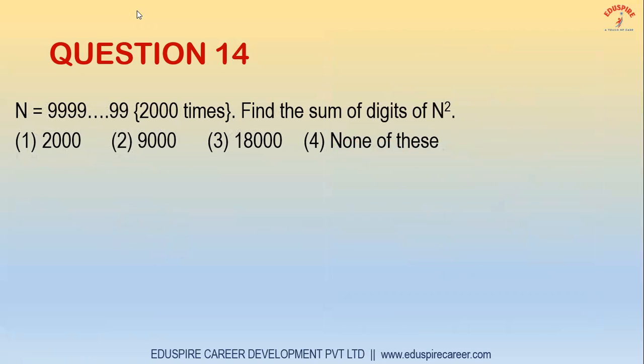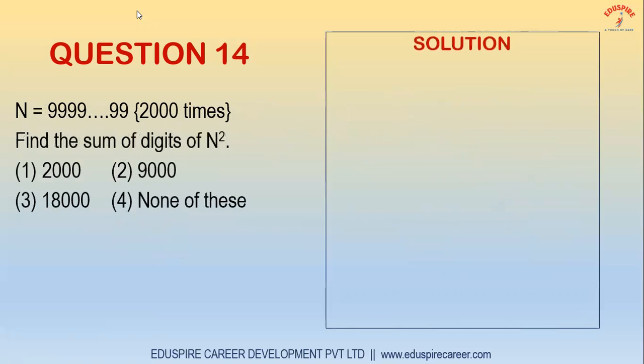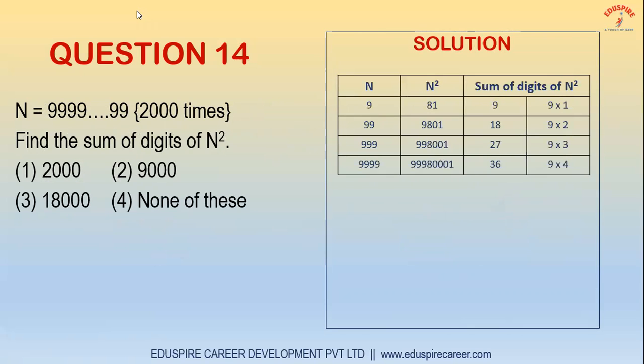Now let's take this. We have a series of 9s. In fact, we have 2000 9s over here. They're asking us to find out the sum of the digits of n square. Let's look at some interesting pattern of numbers. You see, if I look at 9, the square is 81, and the sum of the digits is 8 plus 1, 9.